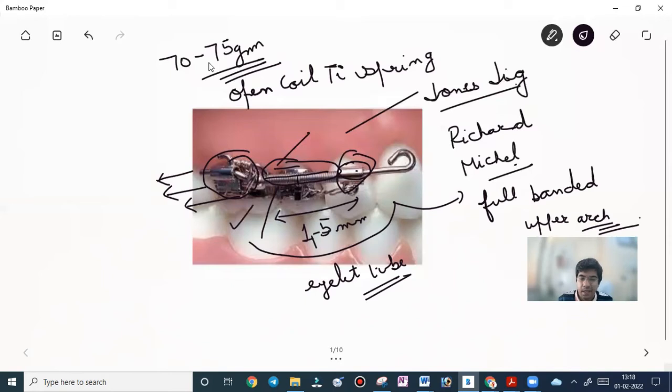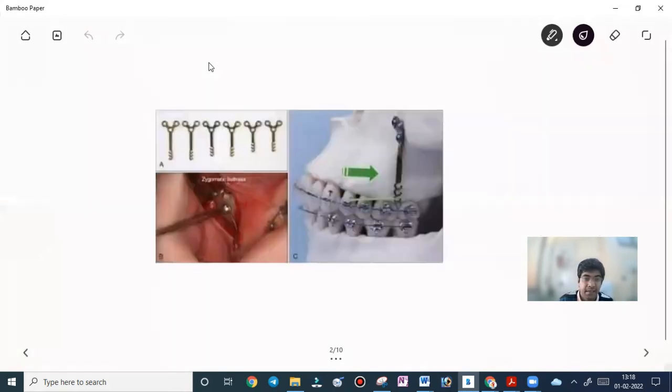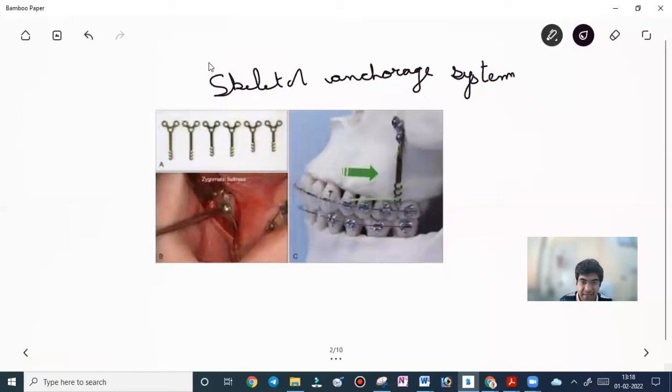Another appliance that is important for the distalization of the molar is the skeletal anchorage system. What does this system consist of? It consists of titanium anchor plates and monocortical screws that are placed either in the maxilla or the mandible.